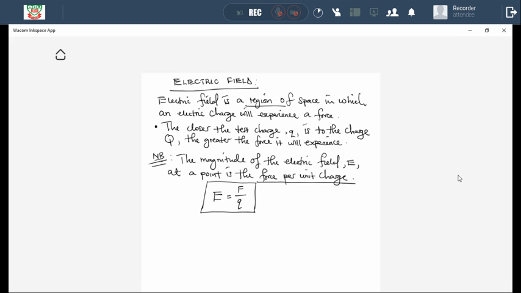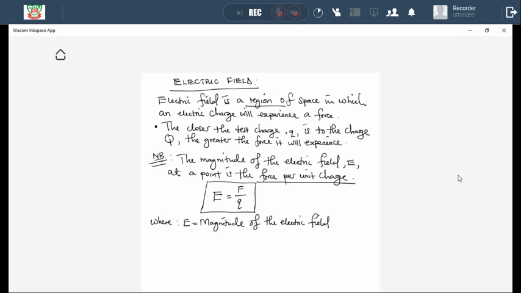So we need to identify these variables so that when we do our calculations, we will know what each variable represents. So E is the magnitude, which is the size, of the electric field, right?